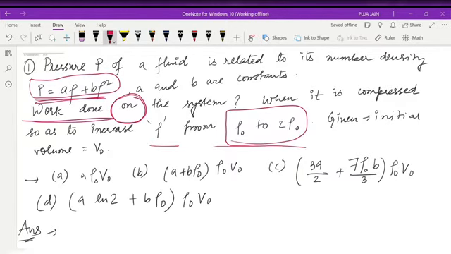So we have to manipulate the expression and bring it in terms of density, so we can put in the integration limits rho 0 to 2 rho 0. You need to know in which direction your mind should flow so as to get the correct answer.